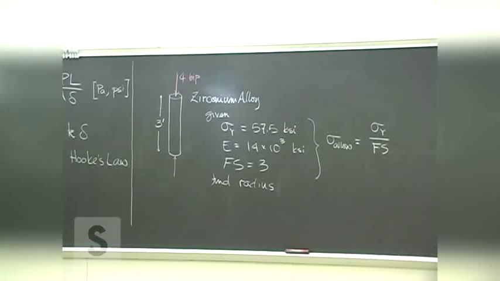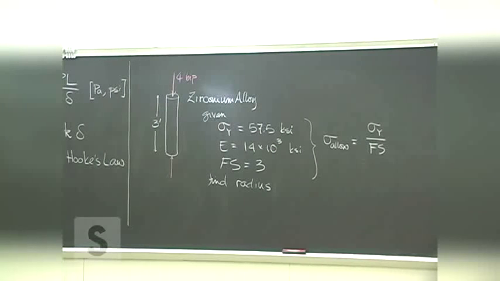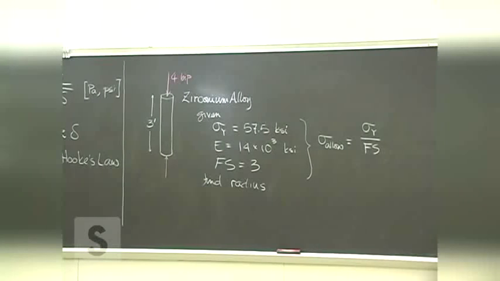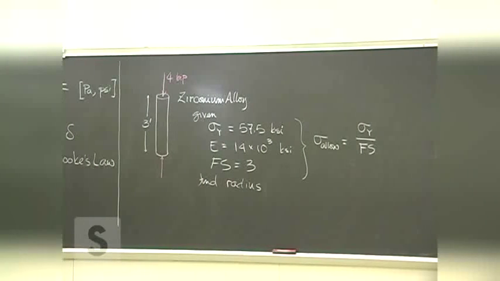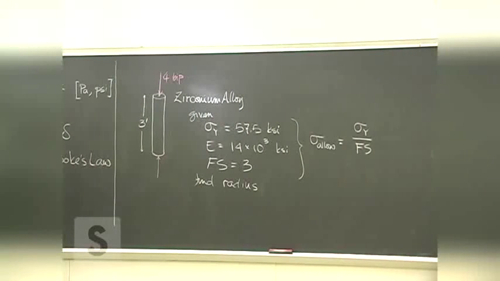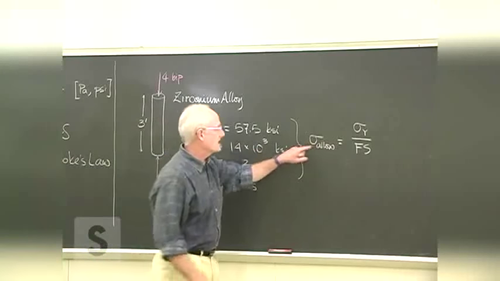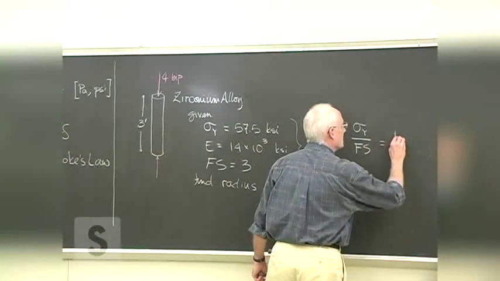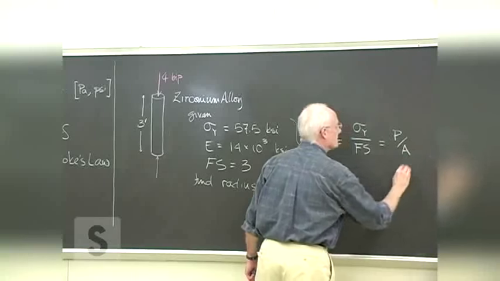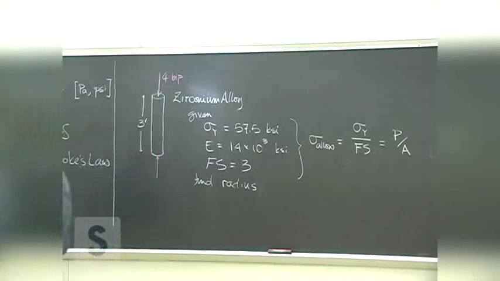So that's a fairly typical way to do it. Reduce the properties of the material by the factor of safety, and then design for that stress, which is a much smaller stress. Oh, so you've got to do that first. Yeah, that's a more typical way to do it. There might be different standards in different industries, for different companies, but you have to understand what it is.